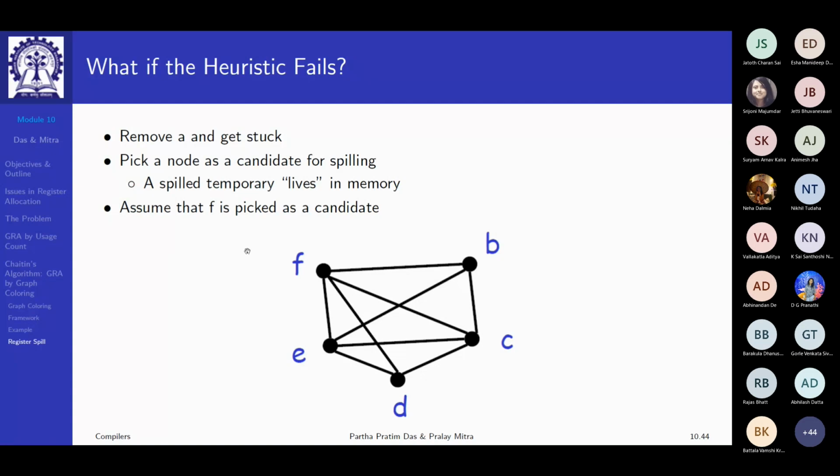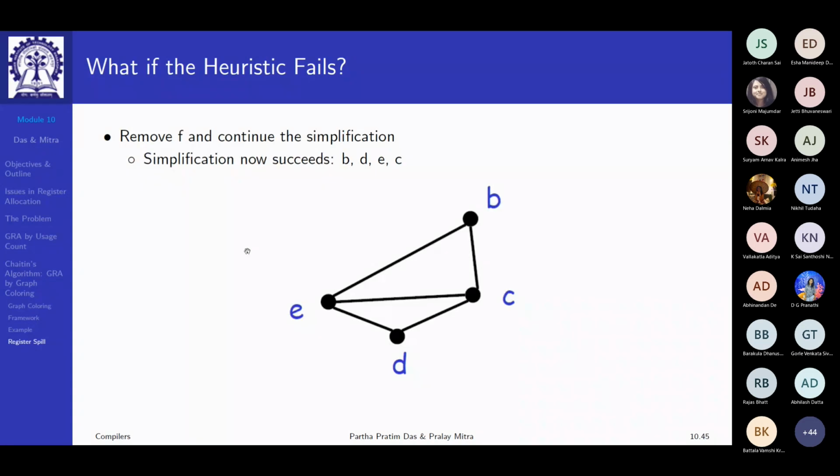If F has been spilled, then I remove it from the graph because it is no more going to take a register. It is going to be in memory, so it has no interference with any of the registers. So I'll spill and remove that. And with that, now I have this graph, which is 3-colorable.